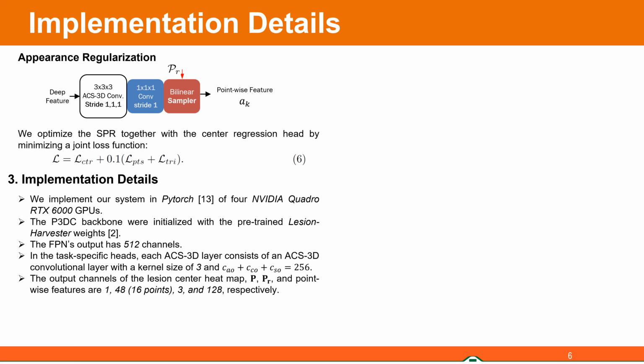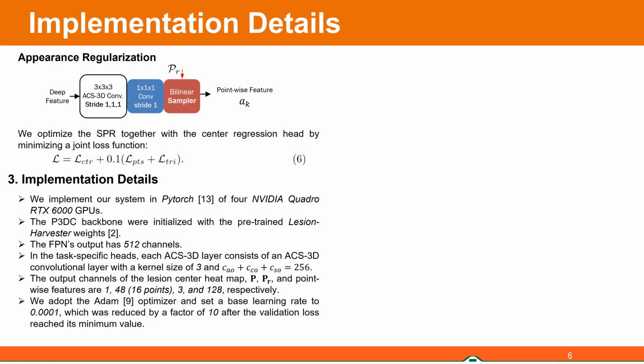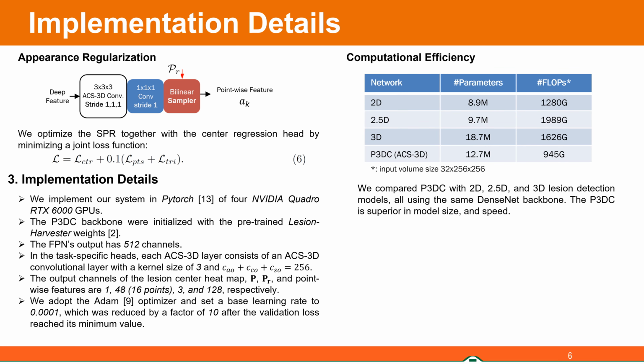The output channels of the lesion center heat map, the points, the offsets, and the point-wise features are 1, 48, 3, and 128 respectively. We adopt the Adam optimizer and set a base learning rate to 1 over 10,000, which was reduced by a factor of 10 after the validation loss reached its minimum value.